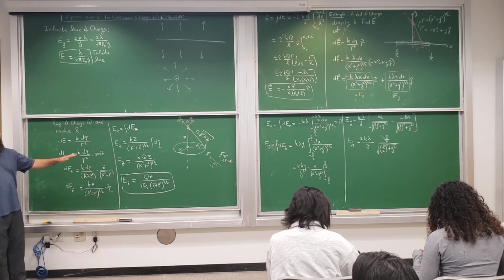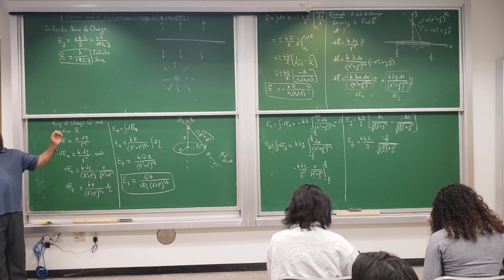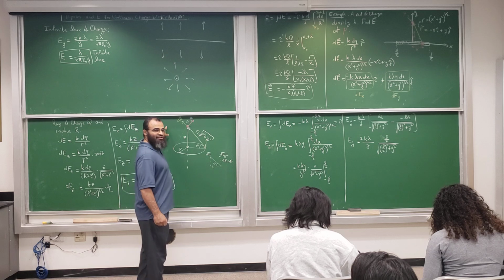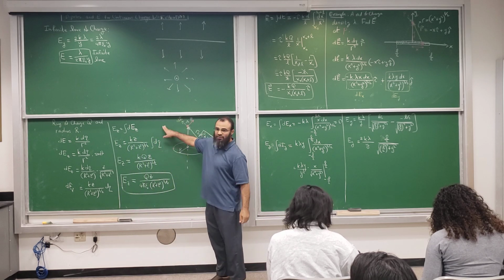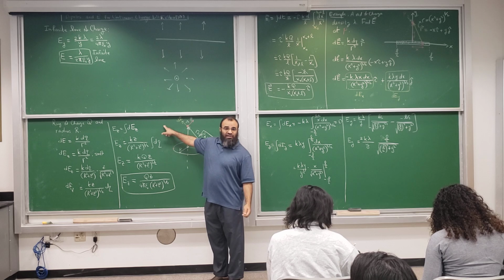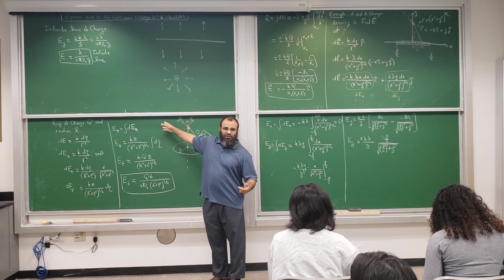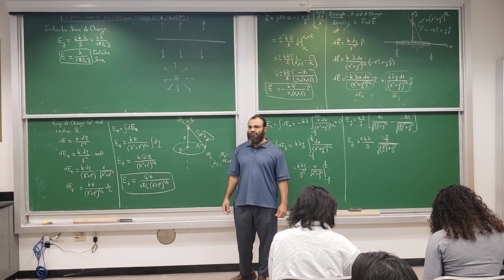So E for the ring, as long as you're on the axis of the ring, you would have just the z component. How about if you're off axis? If you're here, let's say you're not here, you're here. You will be able to set an integral, but then you cannot do it. It's one of those integrals that you have to approximate.